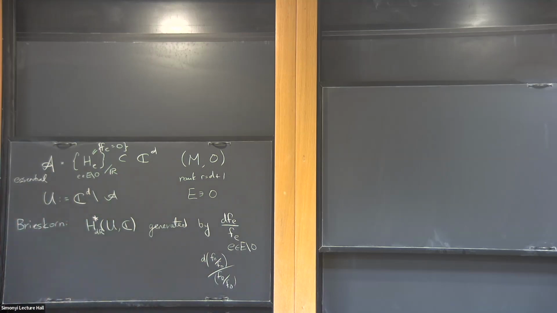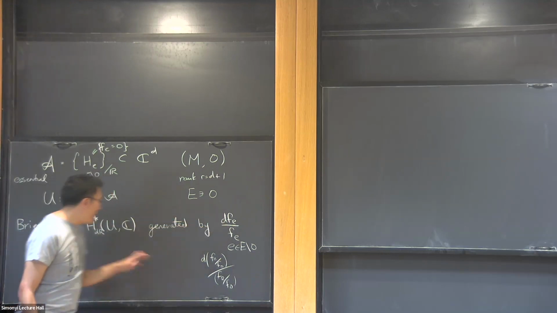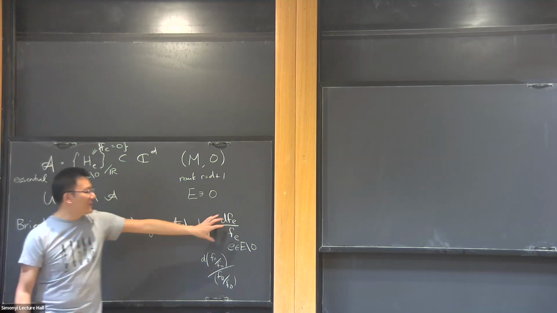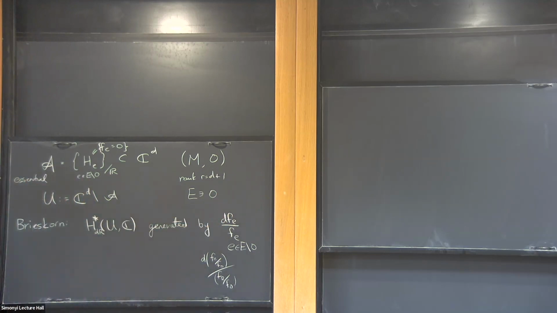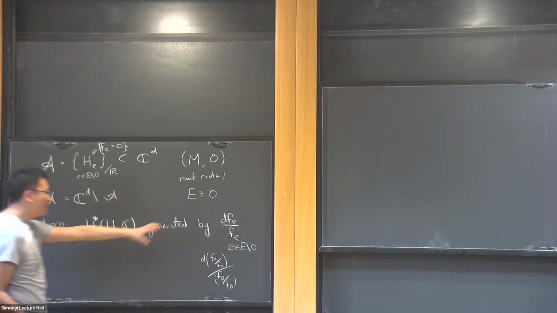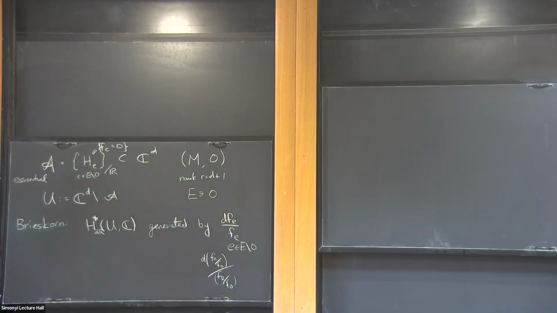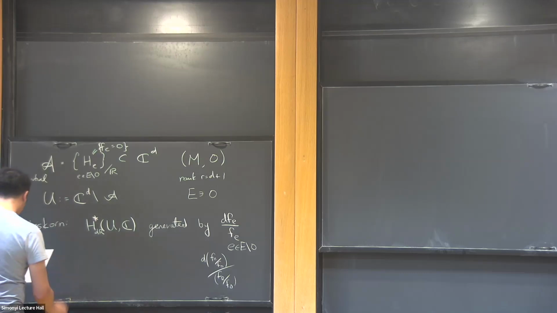So these guys all live in H^1. And in fact, not just generated by, but as a ring, this is isomorphic to just a ring of forms. So there are no additional relations. You just take the ring of 1-forms and you calculate what the ring is, and that's isomorphic to the cohomology. And that thing is called the Orlik-Solomon algebra.